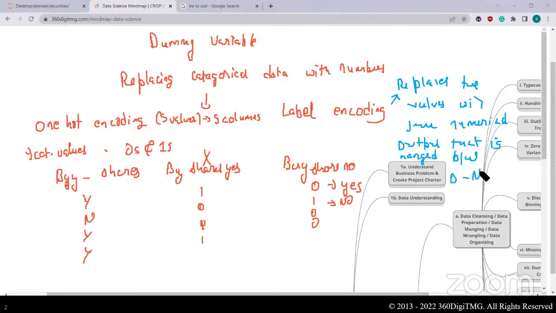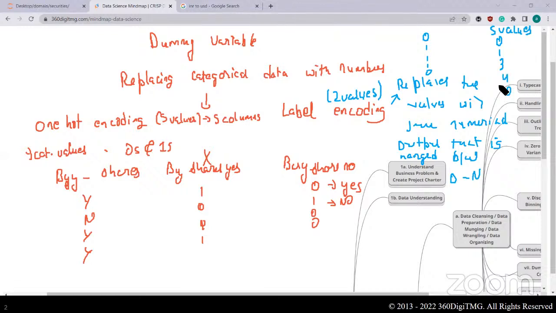N is the total number of unique values you have. So if you have two values within one column, you will get 0, 1, 0, like that. If you have more than two values, let's say 5 values, you will get 0, 1, 3, 4, 0, like that. So that is label encoding.